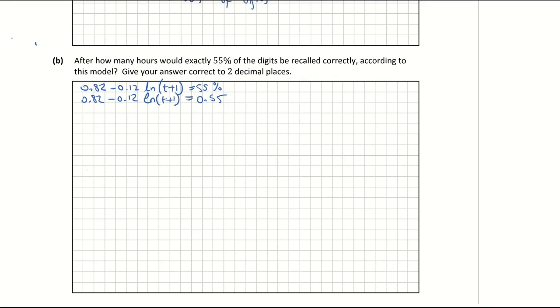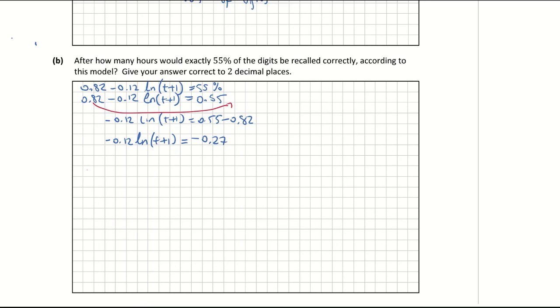Next step I'm going to do is move over this 0.82, or subtract 0.82 from both sides. So just rewriting that is going to give me 0.55 minus 0.82. And tidying that line up now is going to give me minus 0.27.